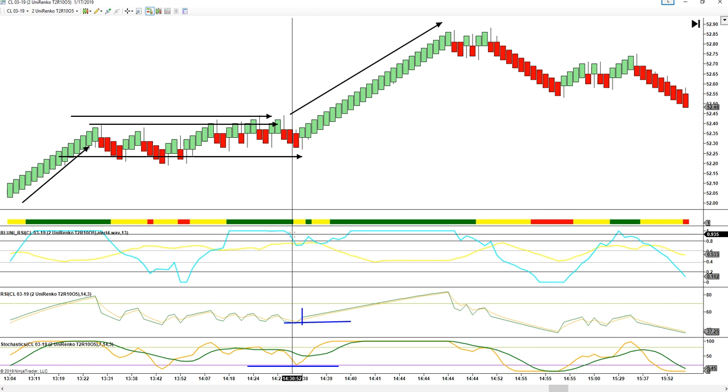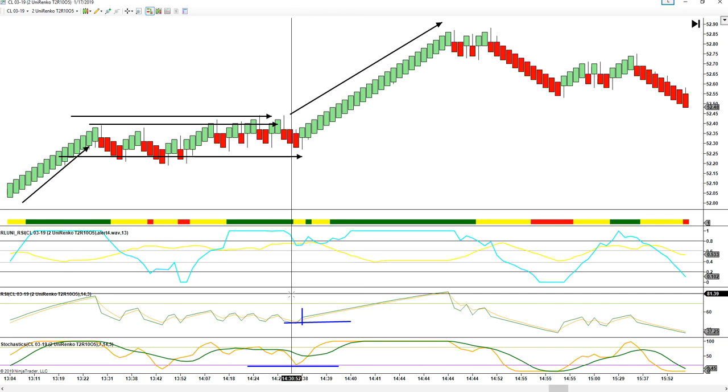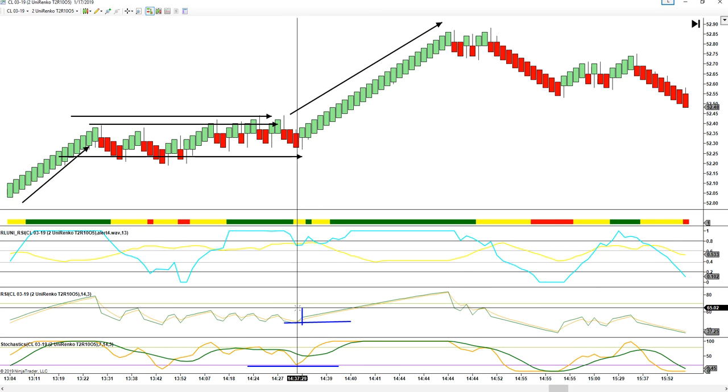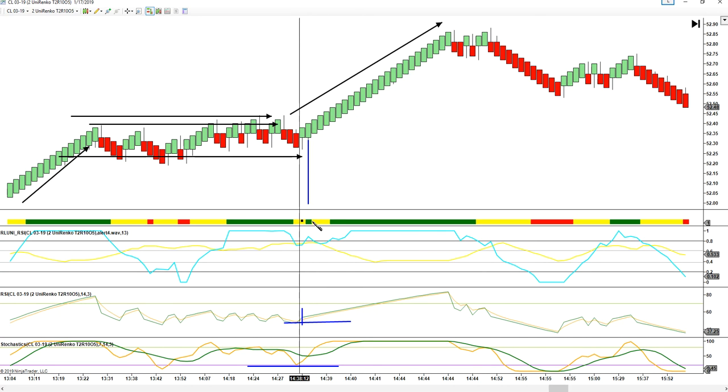Now watch what happens with the Laguerre. Now with the Laguerre, you also don't get into that oversold area, but you get a locked green line right here telling you that the bulls are firmly in control.